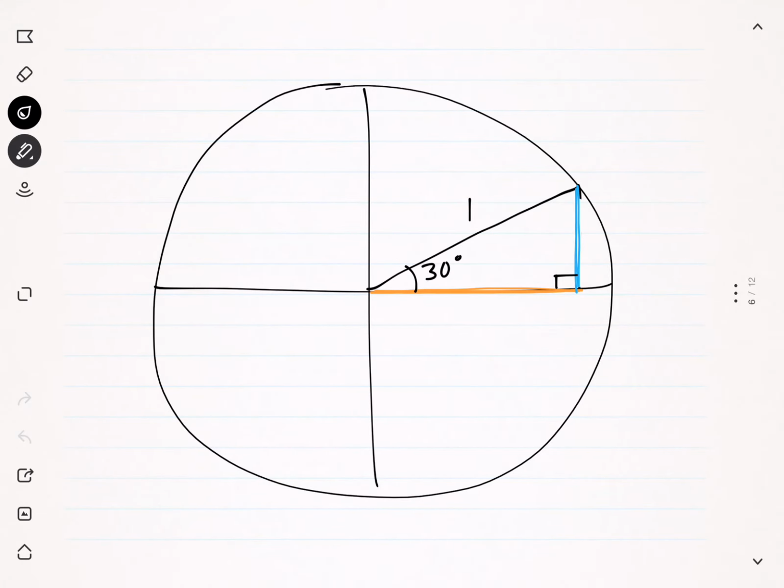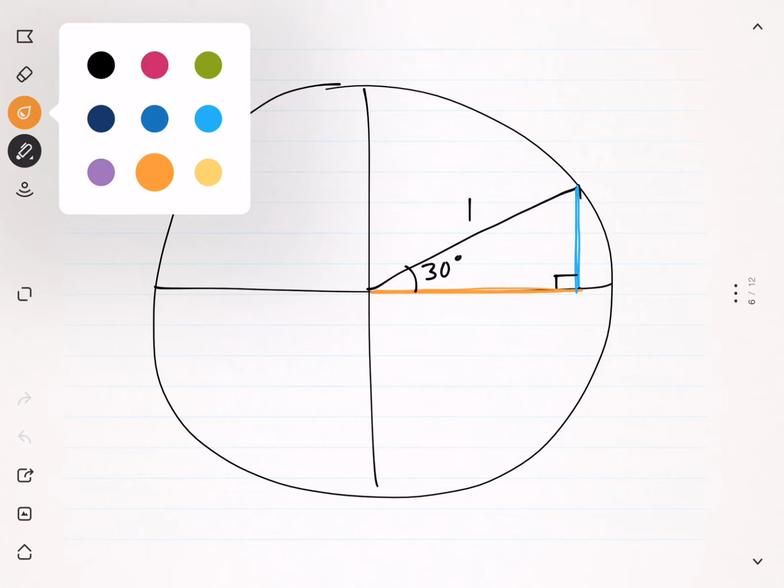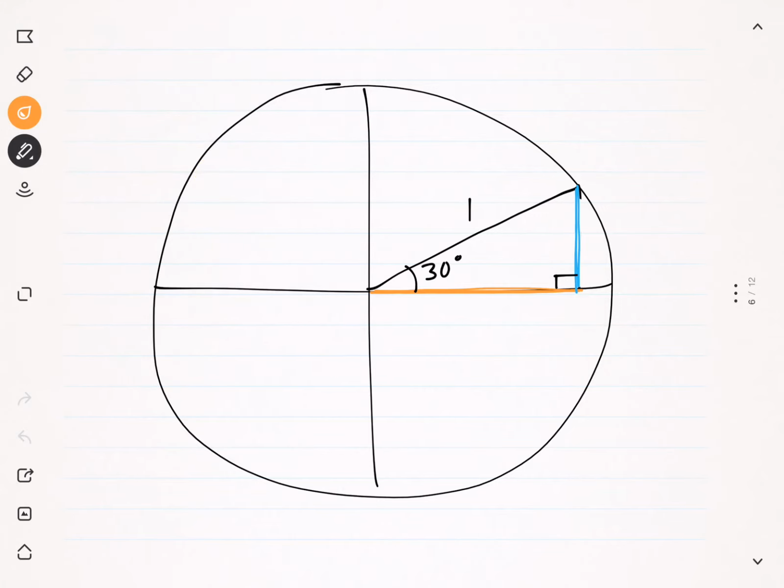Okay, so you can see my triangle here on my unit circle, and we just solved for the x value, which is root 3 over 2, and then the y value, which is 1/2.